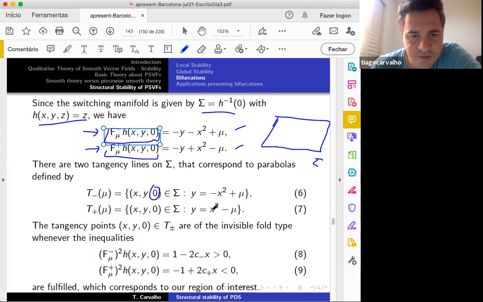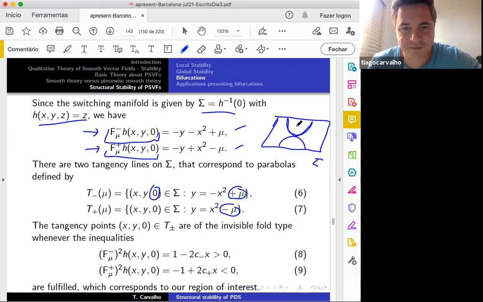Moreover, if mu is equal to 0, these two fold curves are parabolas that meet each other quadratically, so the intersection of these fold curves is not transversal.